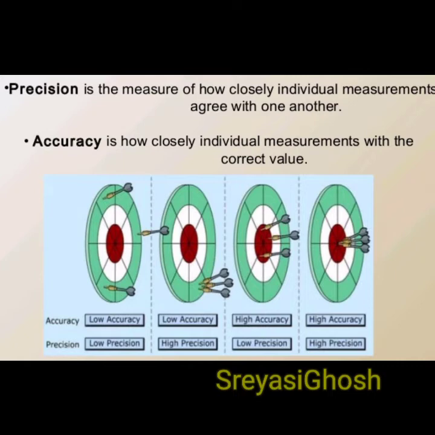So please look at the 4 diagrams given over here. In the first diagram, see that none of the 3 arrows are close to the bullseye. Bullseye means the red spot. So there is absolutely low accuracy. All the 3 arrows are separated from each other, so there is low precision as well.